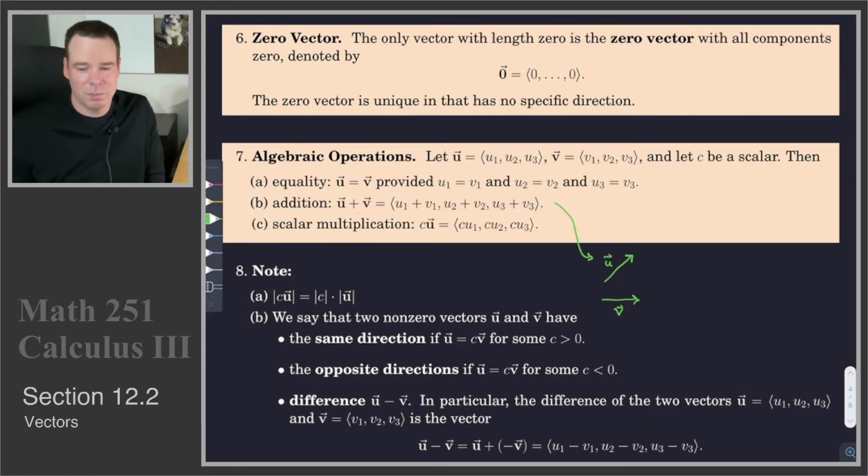Notice I haven't attached them to the same point because vectors are free to be attached anywhere. So I've got these 2 vectors, or these 2 arrows, and I want to add them together. The way I can add them together is I can do it in one of 2 ways. I can grab one of the vectors and just attach it to the tip of the other one. And I'm going to move our label so it's up top now.